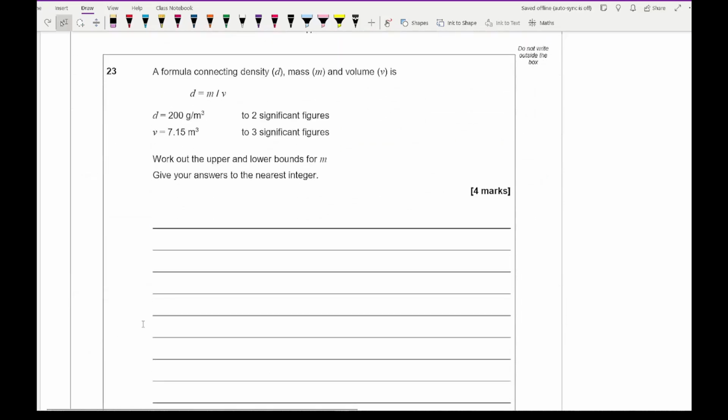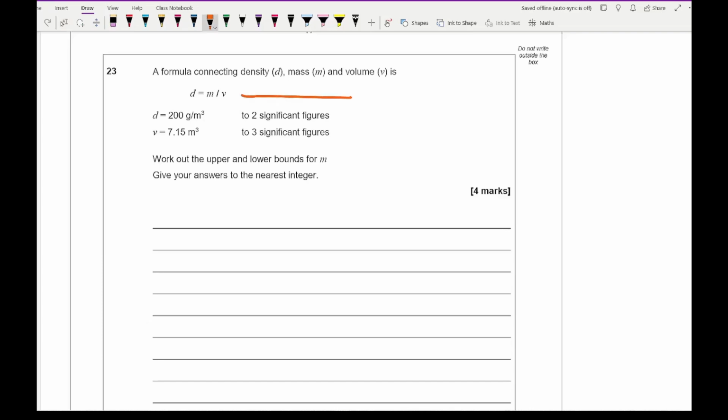Moving on to question 23, it says a formula connecting density, mass and volume is D equals m over v. It says D equals 200 grams per cubic meter to two significant figures, and V equals 7.15 meters cubed to 3 significant figures. Work out the upper bounds and lower bounds of m.